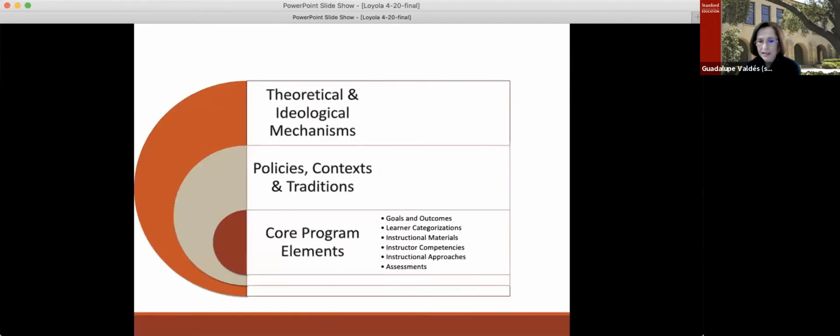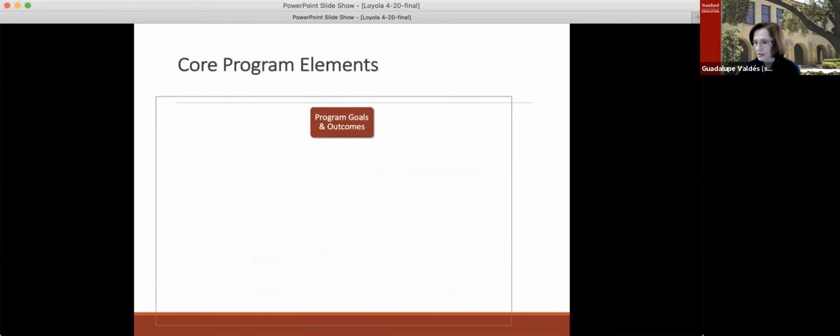So here's another version of the same diagram, and I'm going to talk about core program elements now. So let me turn to this particular slide. Every program that purports to teach language has program goals and outcomes. We've decided what we think that particular program will accomplish.